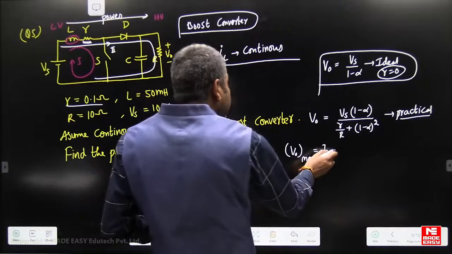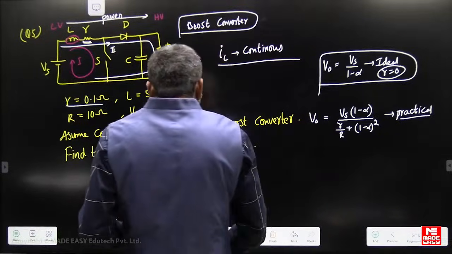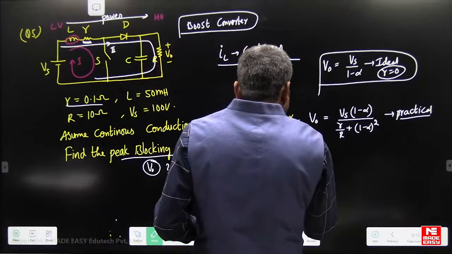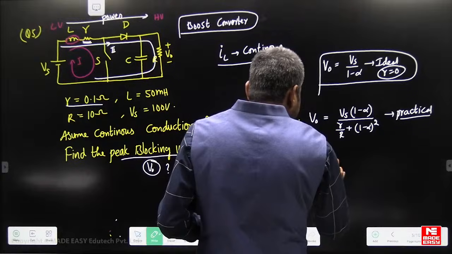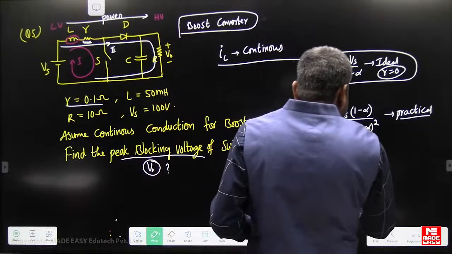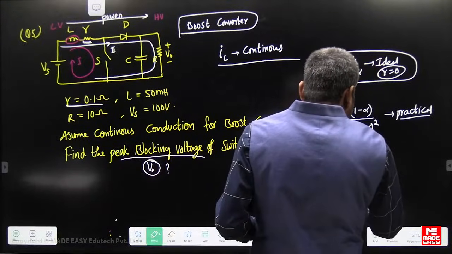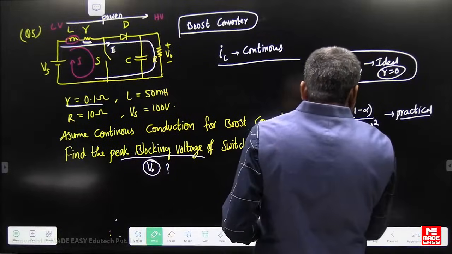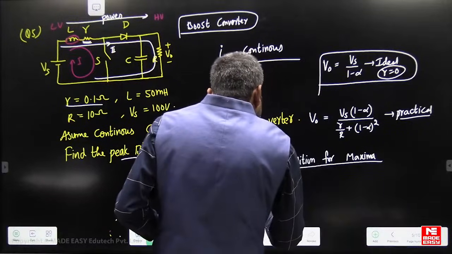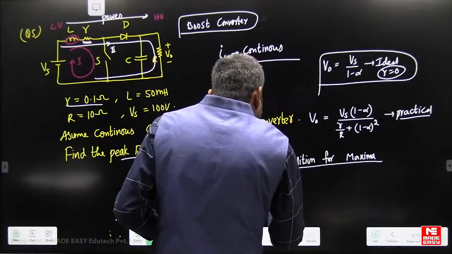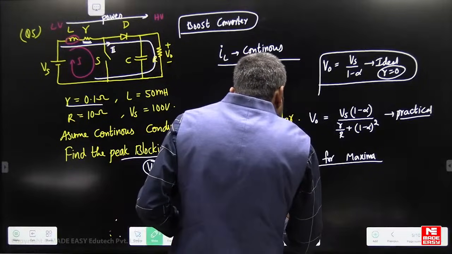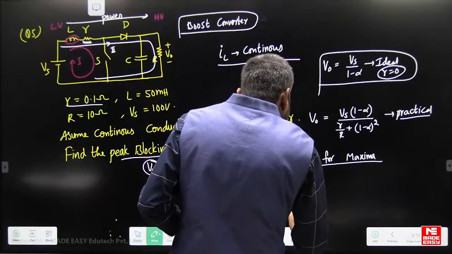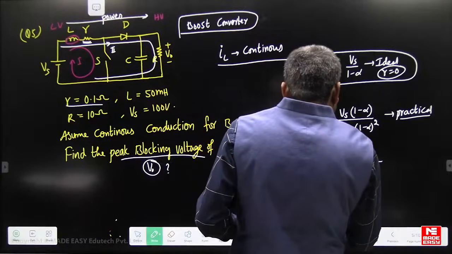I have a function f of alpha here. The condition for maximum output voltage, or maxima, is f dash of alpha equal to 0. That is, differentiate the above equation with respect to alpha.